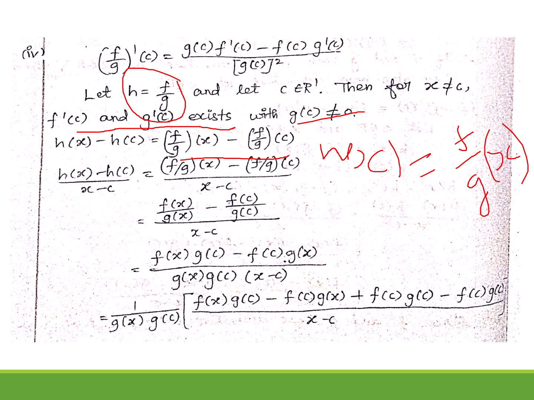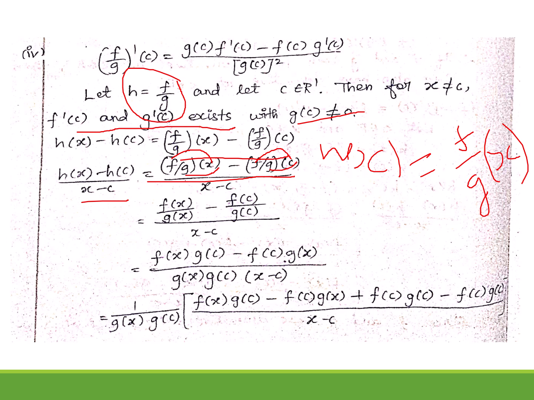Dividing both sides by x minus c, h(x) minus h(c) divided by x minus c equals [f divided by g of x minus f divided by g of c] divided by x minus c. Multiplying the functions, f(x) divided by g(x) minus f(c) divided by g(c), divided by x minus c.